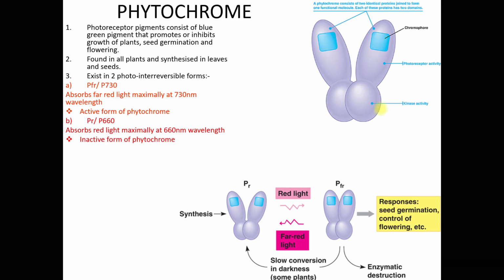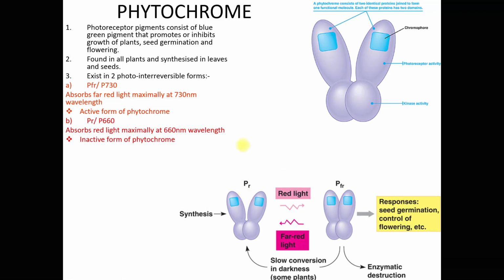You can see in this diagram, when this PR absorbs red light, it will quickly be converted into PFR. And when this PFR absorbs far red light, it will slowly, or gradually, be converted into PR in plants.